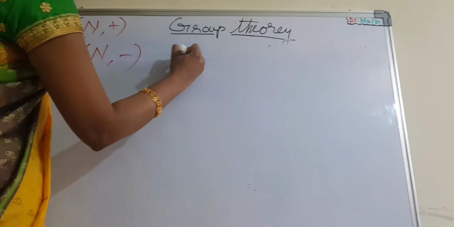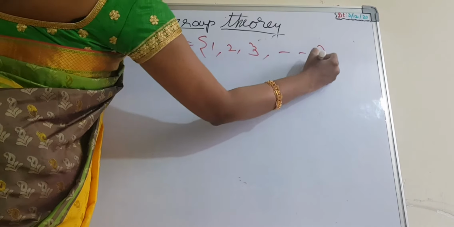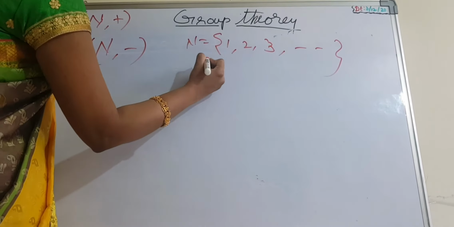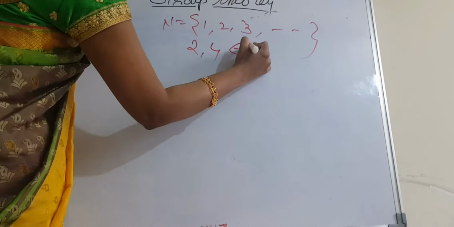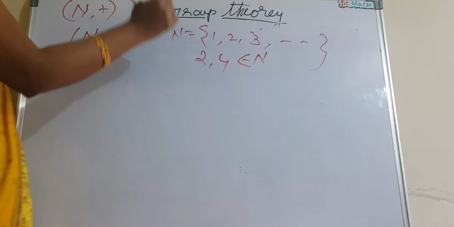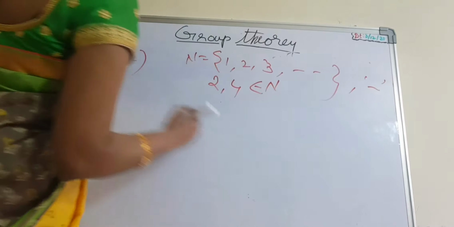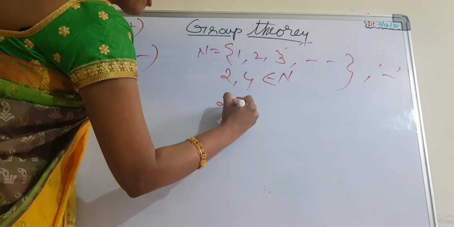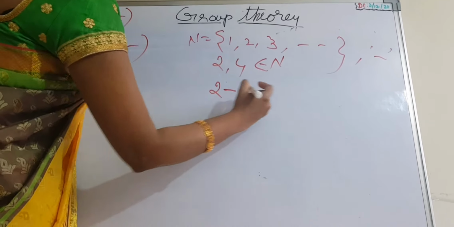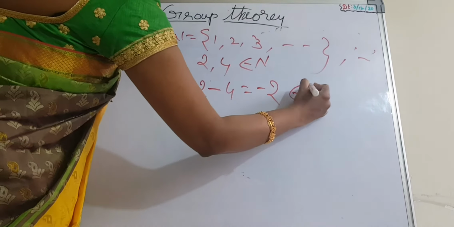I am taking natural number set 1, 2, 3, and so on. Here I am taking 2 elements, any 2 elements, 2 and 4 belongs to natural numbers. Anything we can take in this set, and with respect to what are we taking? Minus. N minus we are taking. Here, what you do? Operation 2 minus 4. What you get? Minus 2. Minus 2 belongs to N?